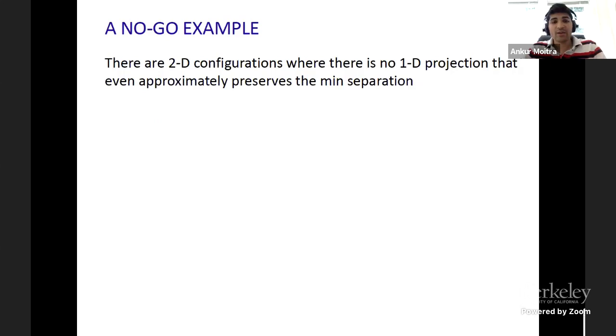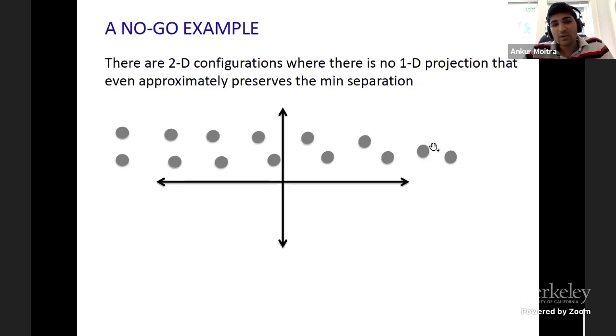So let's think about this 2-dimensional problem. I claim that there are 2D configurations where there is no 1D projection that even approximately preserves the minimum separation without reducing it by something like a polynomial in k factor. In fact, there's a really simple construction for that. I'm going to create pairs of point sources.